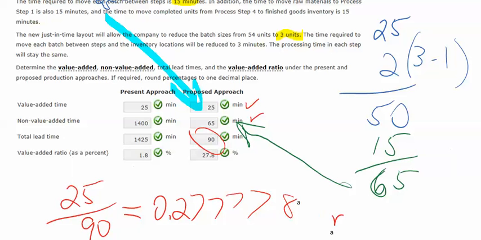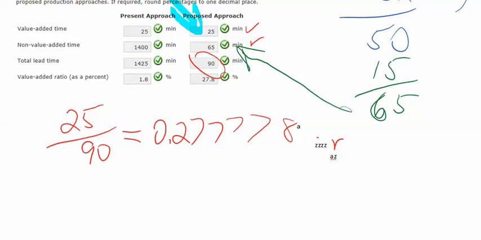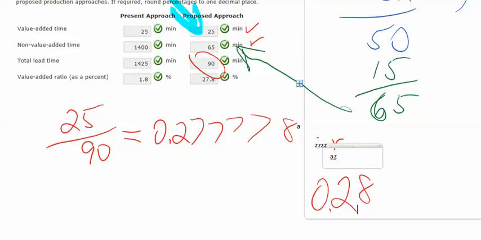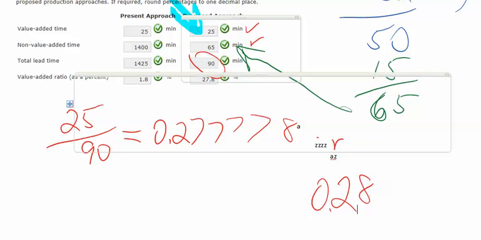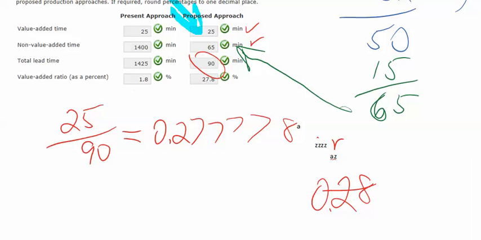I'll round that to 0.278, which is equal to 27.8%.